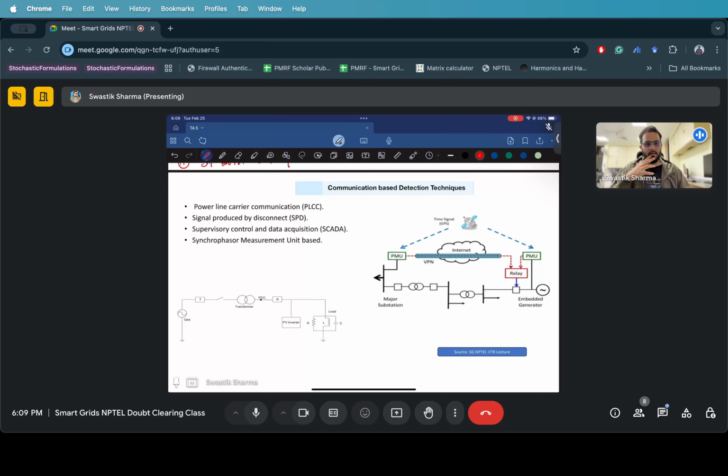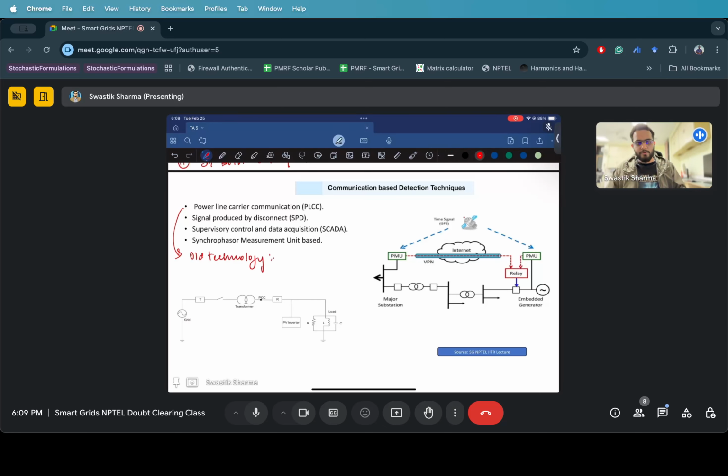And by using these communication channels we can detect if an islanding has happened or not. So the first one is power line carrier communication. PLCC is an old technology.